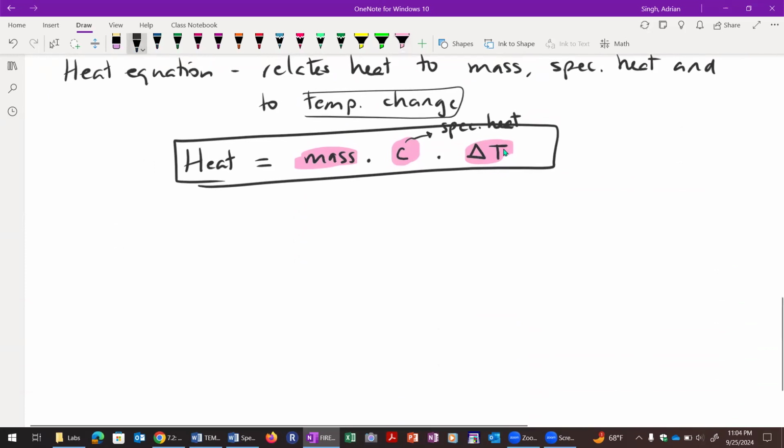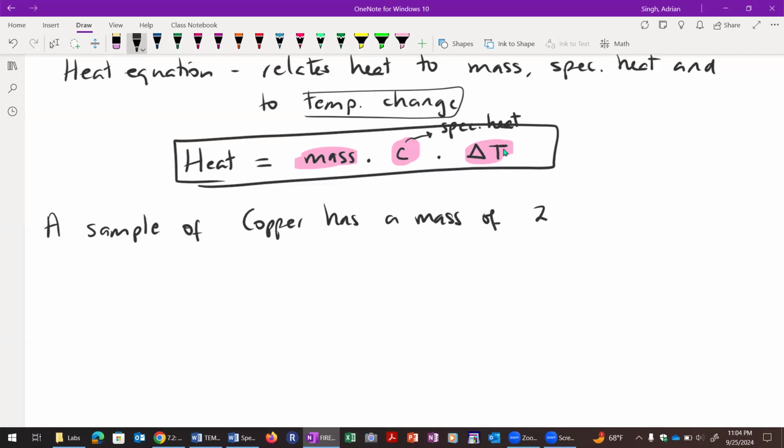Let's take a look at a simple example. So let's say a sample of, we'll use copper since we introduced that one before. A sample of copper has a mass of, let's say, 25.6 grams, and an initial temperature of 15 degrees Celsius.